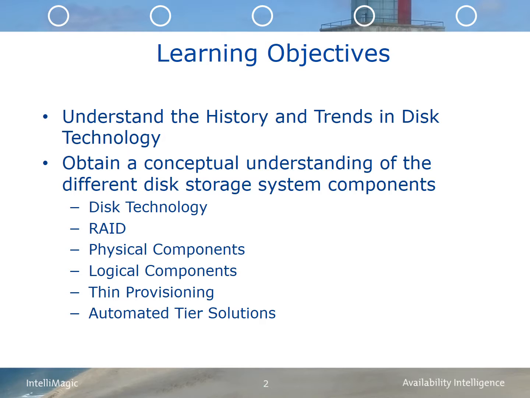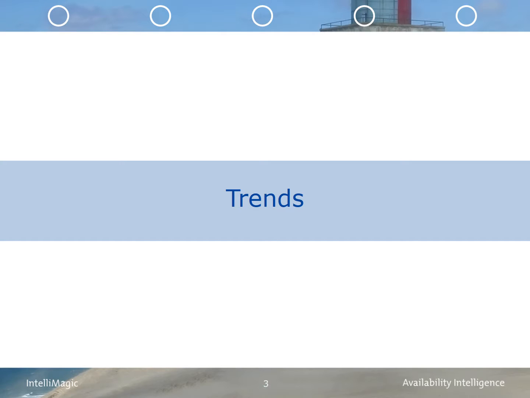We'll also take a look at what thin provisioning is, at least for some of the platforms. And we'll also survey automated tier solutions for several platforms. In this section, we'll look at the trends in enterprise storage system technology.